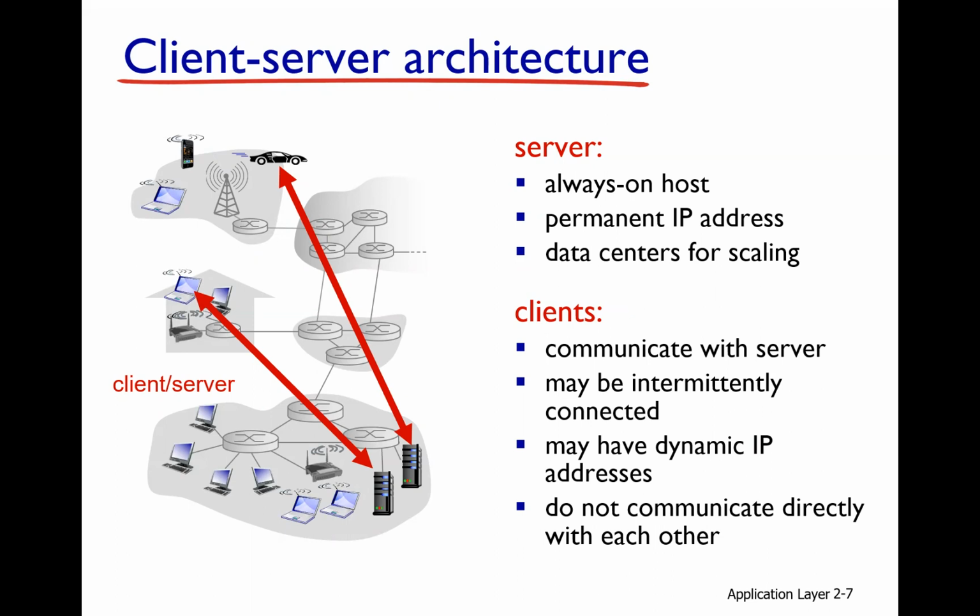When it comes to servers, they're always on and have a semi-permanent, largely fixed IP address that will not change over time. To support more users, this might be through virtualization, or you have a data center of machines running the same application.